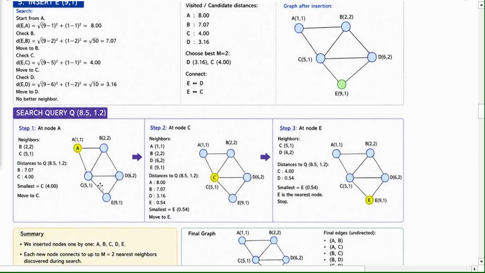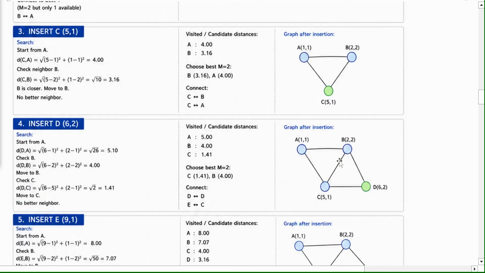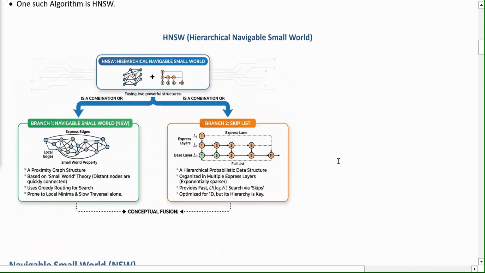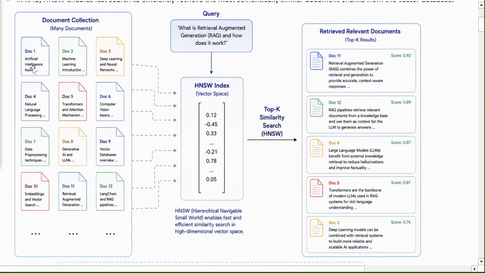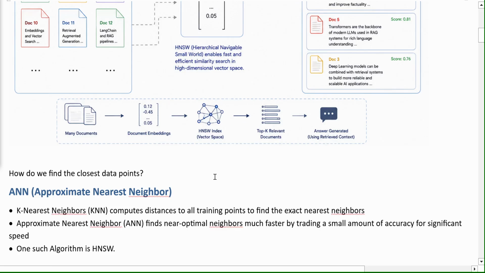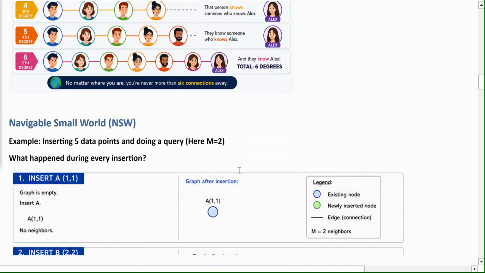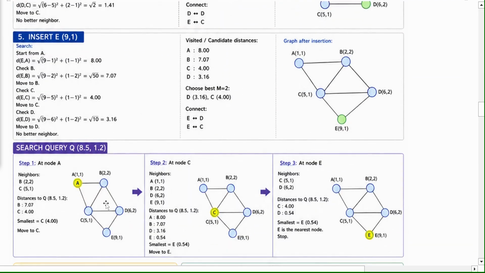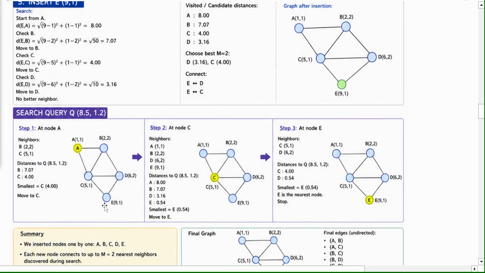There are many points like a, b, c, d, e. Consider these points as the documents that I showed above. These documents are nothing but data points or nodes.